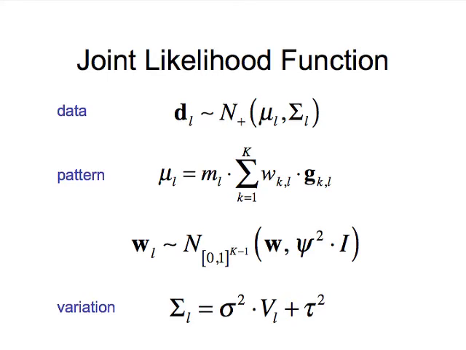That's the pattern that's equal to the mass of how tall the peaks are times the weighted sum of genotypes, the sum of W, the weights, times G, the genotypes, that we've been seeing all the way through in the pictures. So that sum represents the pattern, and M, the mass, represents how tall the pattern is.